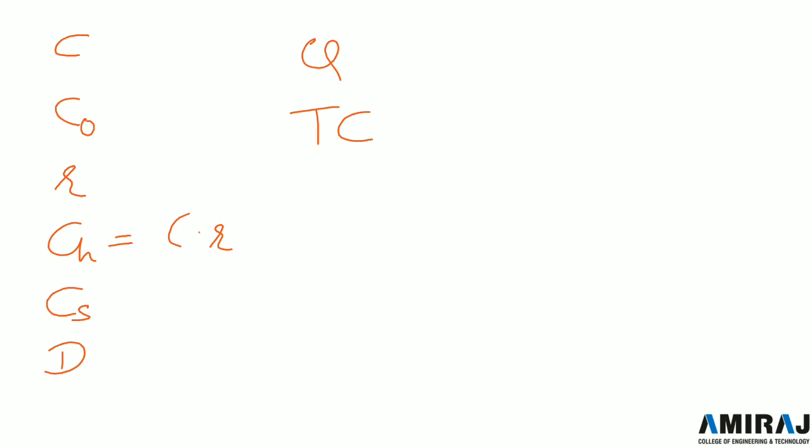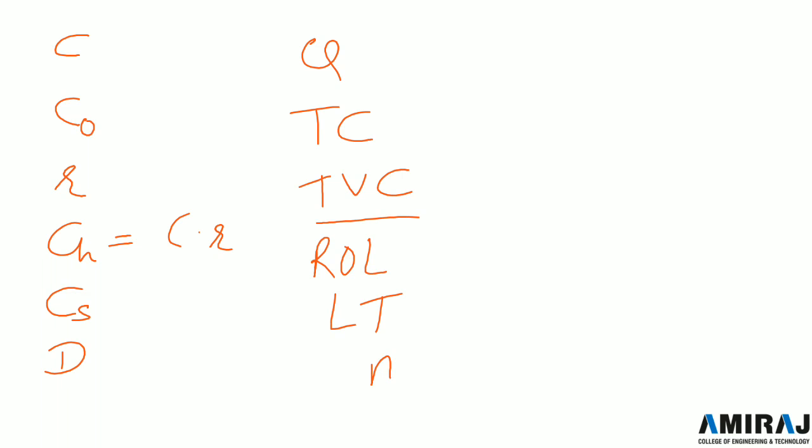Capital TC is the total inventory cost. Then TVC is the total variable inventory cost. ROL is the reorder level in units. LT is the replenishment lead time.